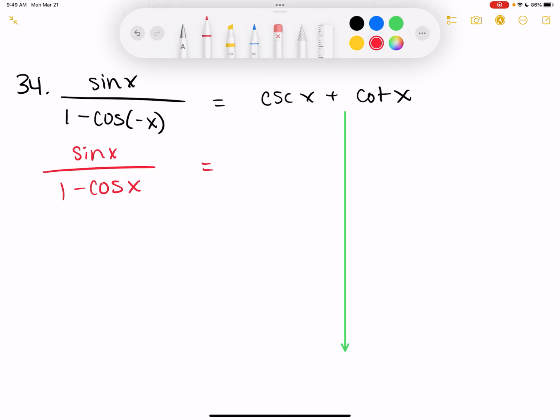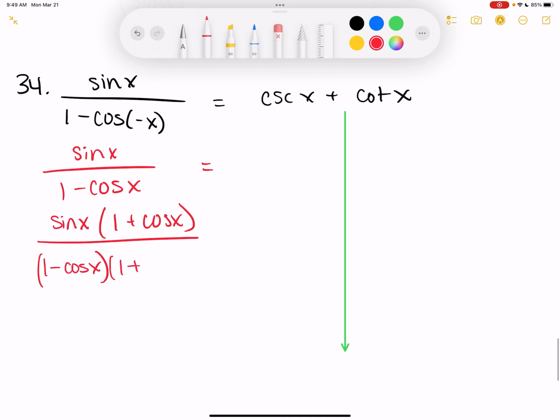I don't know how you got that. Alright, and then there's your reciprocal step.